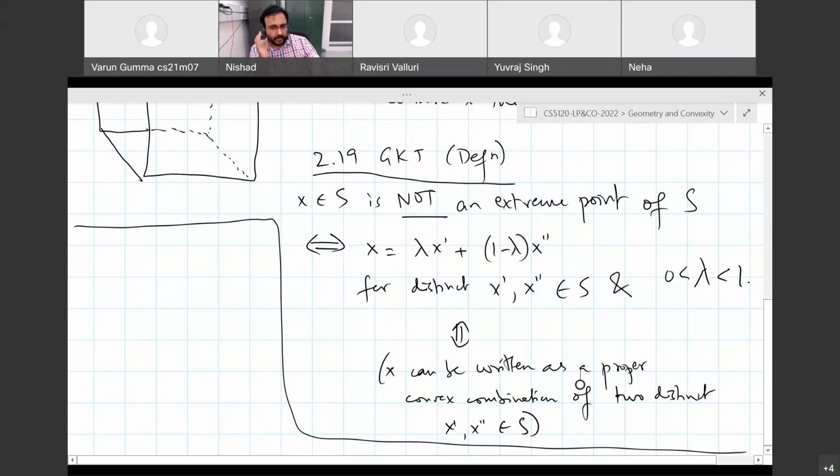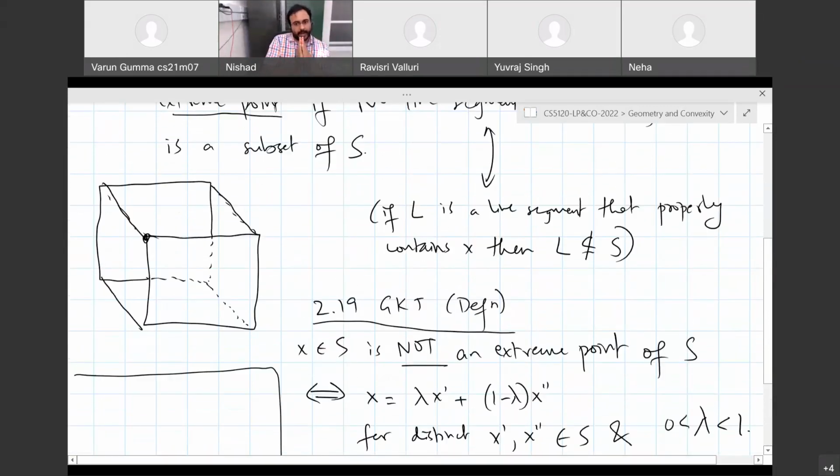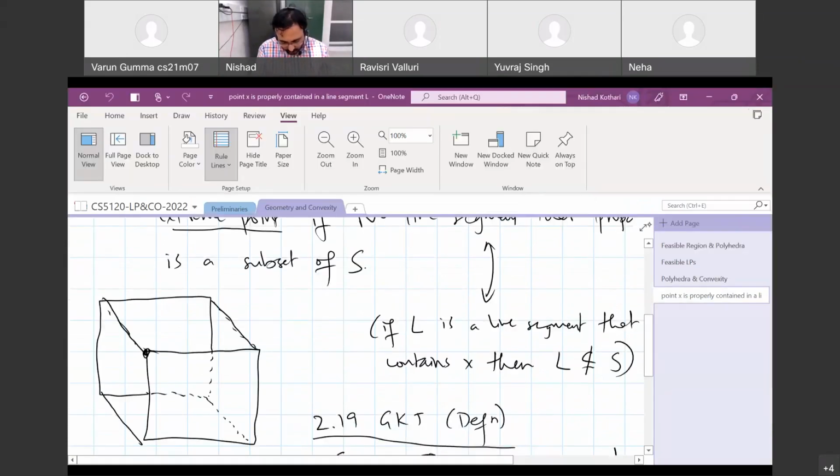So we are going to take a look at extreme points. So this is a very geometric way of looking at extreme points, what we have discussed so far. Okay. But yesterday when I was asking, someone also gave a more algebraic way of looking at it. I don't know who it was. But if you go to a 2D example, maybe let me just draw it here.